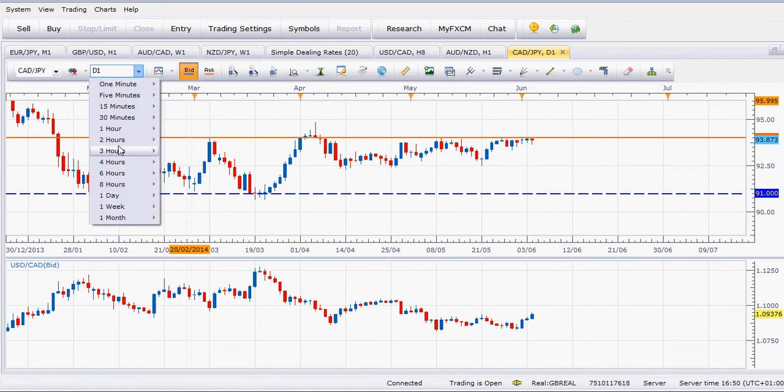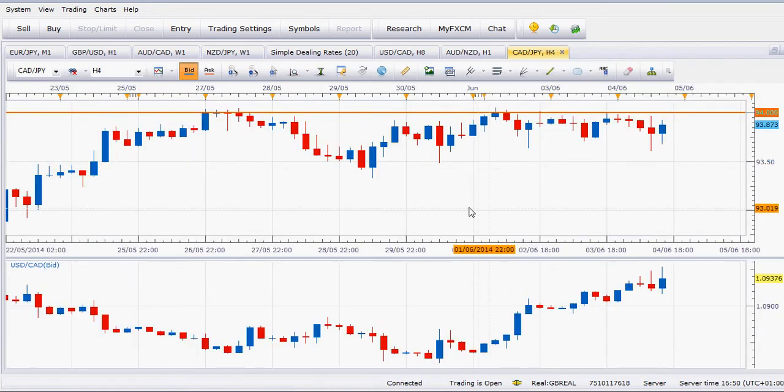Okay, from 1.08 to 1.0950. Okay, so that's 150. And what has the CAD yen done? Well, not a lot really.